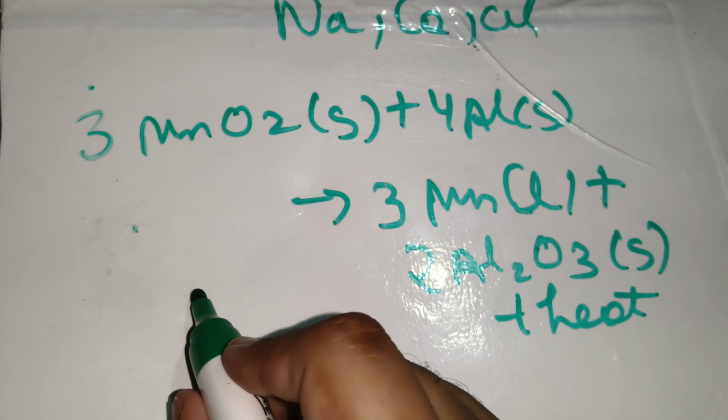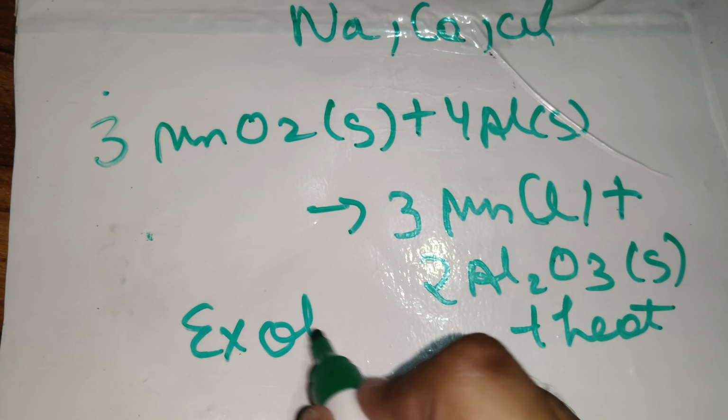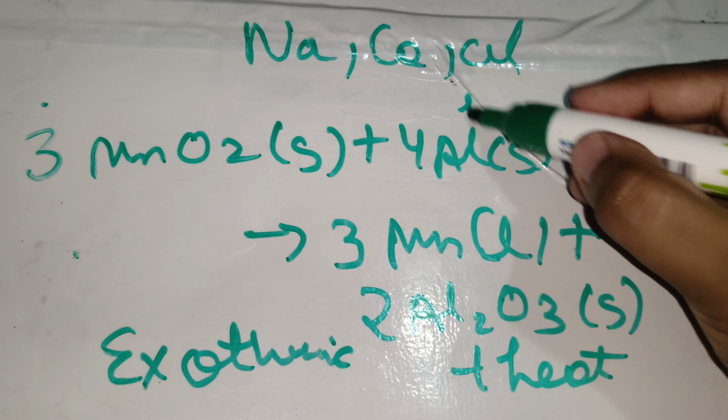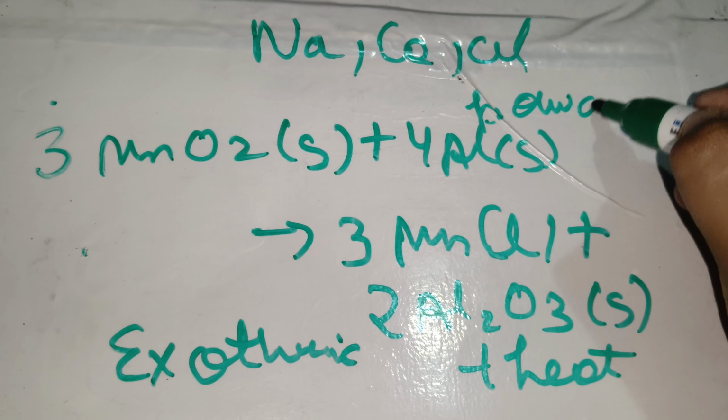Why is heat released? Because it is an exothermic reaction, and here we have used aluminium in powder form, that is why it is solid.